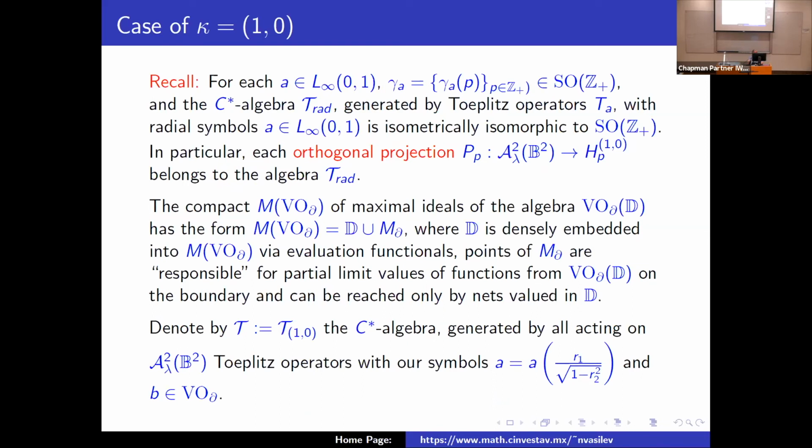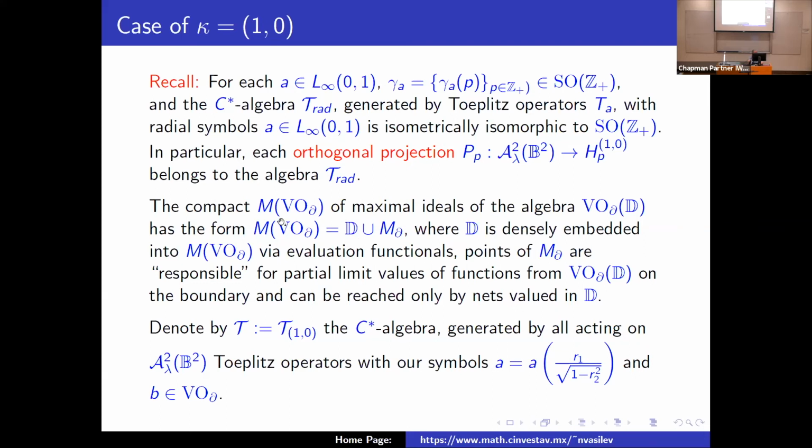So for each radial A, the corresponding gamma is a slowly oscillating sequence. So the algebra is isometrically isomorphic to the set of slowly oscillating sequences. So each orthogonal projection does belong to this algebra.